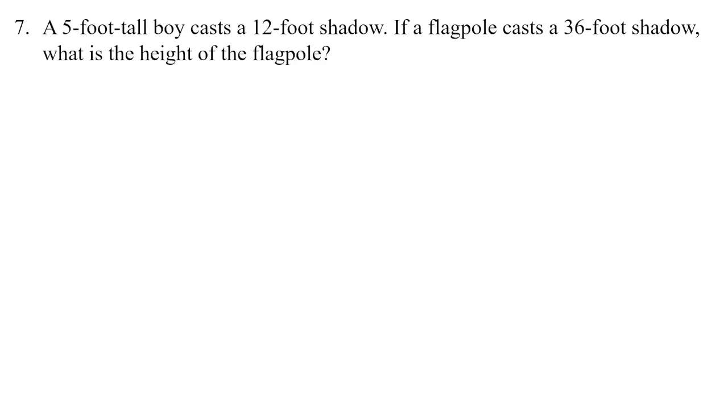Okay, to work with word problems, you're going to have to draw it out so that the problem can make sense. So, let's see. Here's the boy who is 5 feet tall, and here's the shadow, which is 12 feet.